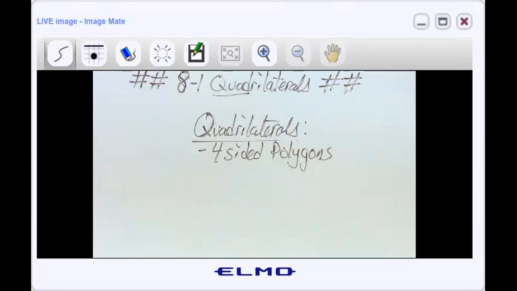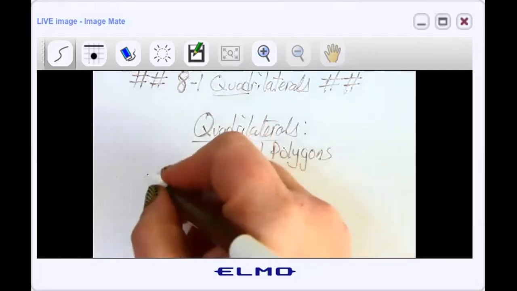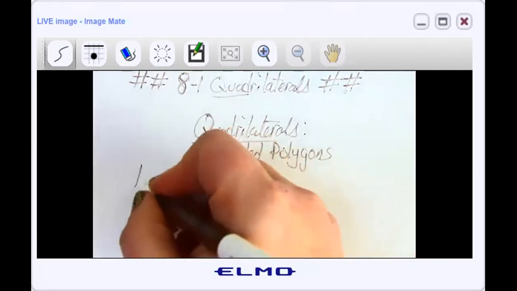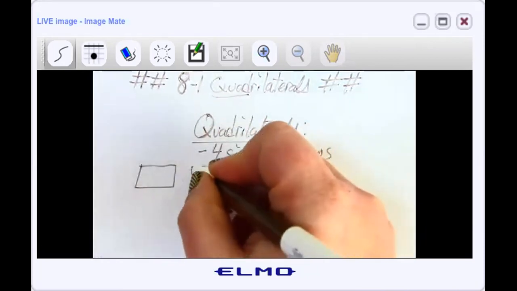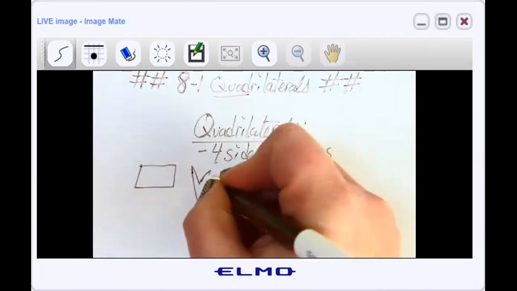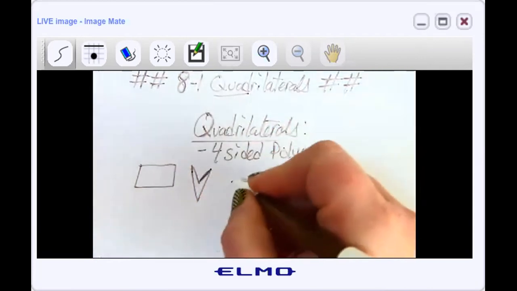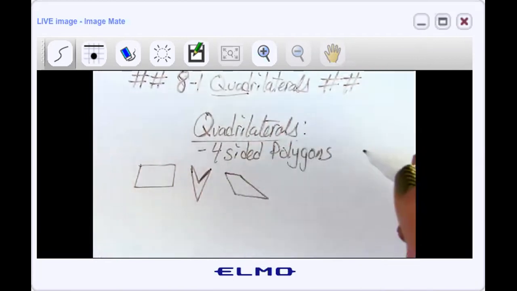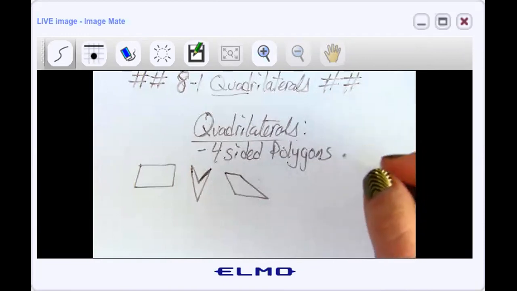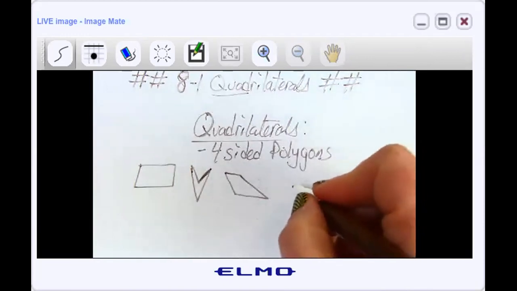All right, so there's lots of different ones. It could be as simple as a rectangle. It could be this funny shape, as long as those are straight edges. It could be something like this. You have lots of different ones. As long as it has 4 sides and they're all straight sides, it counts.